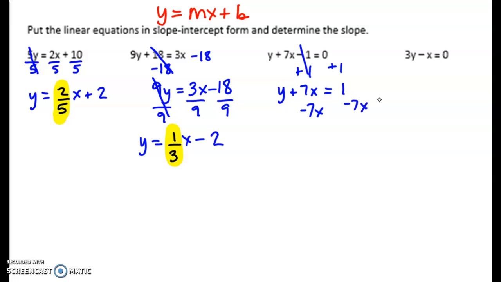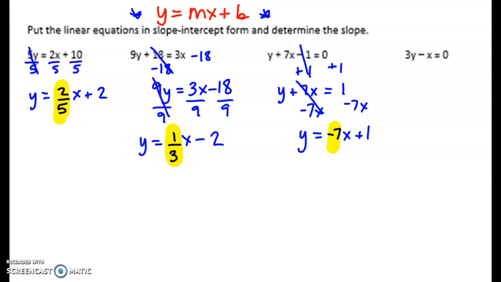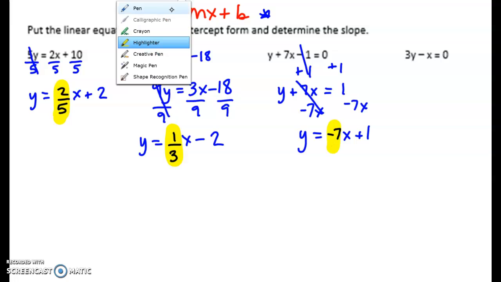We want them to be gone too. We have 0 x's now, and y equals. Now we're going to put, just because this slope-intercept form has the x's before the b's, right? We're going to write -7x plus 1. And again, we can see the slope is this coefficient on x.